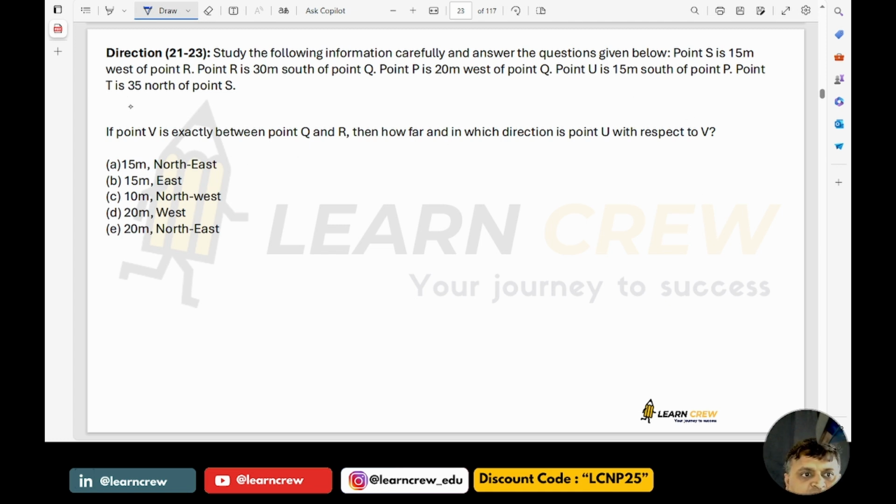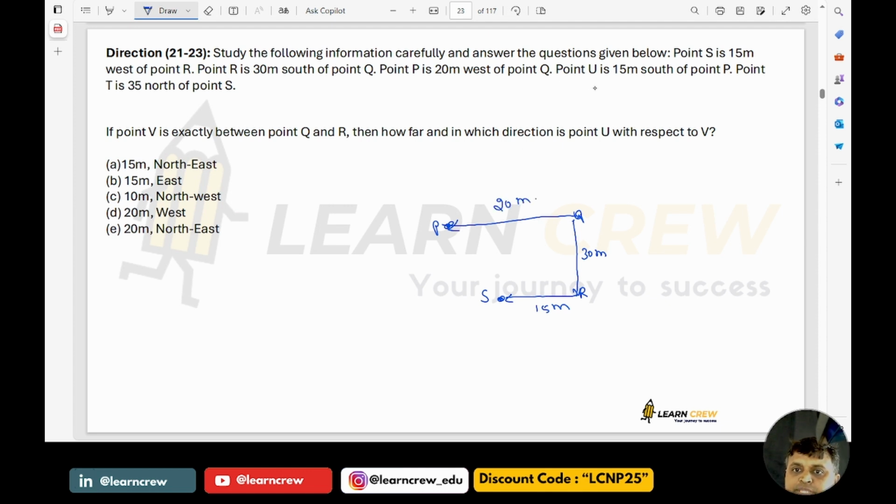Point S is 15 meters to the west of R. Next, point R is 30 meters to the south of Q. Next, point P is 20 meters to the west of Q. This is 15. So somewhere here you have point P. This total is 20.